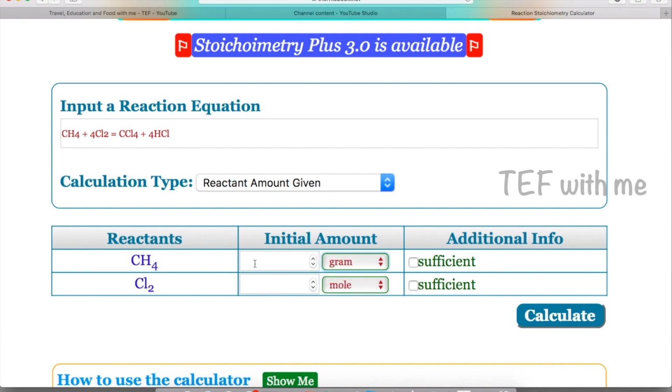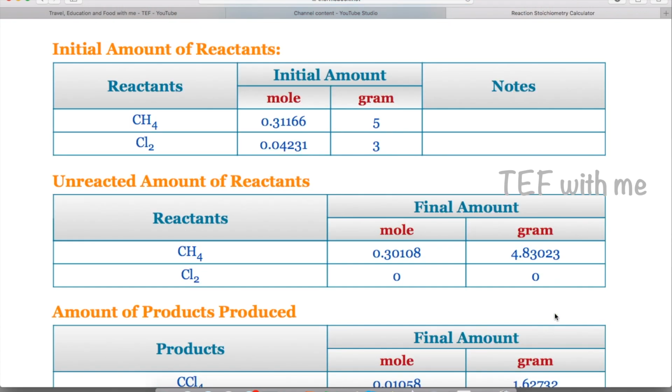I am going to type 5 grams, and for chlorine 3 grams. Now you can calculate how much product you can produce.